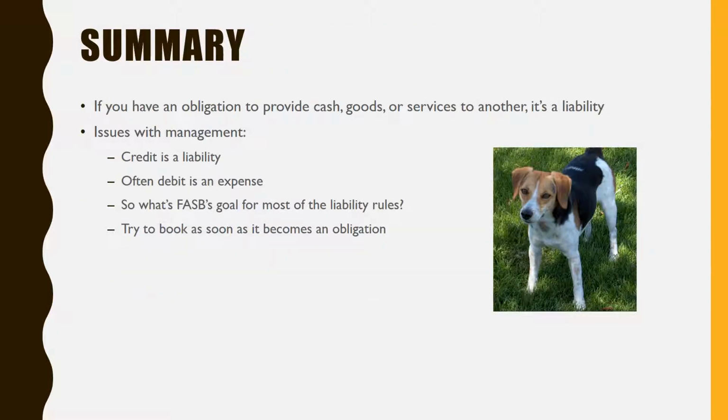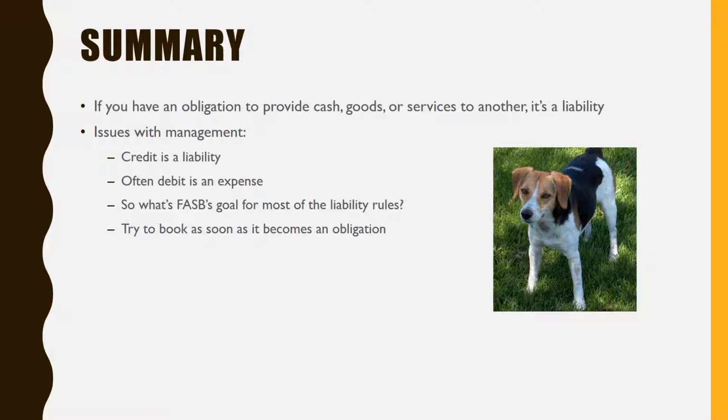So in summary, if you have an obligation to provide cash, goods, or services to another party, it's a liability. You want to think a little bit about what FASB is trying to do and some of the issues they have with management. It's based on a liability. You're going to credit a liability. Most companies don't want to see a lot of liabilities.